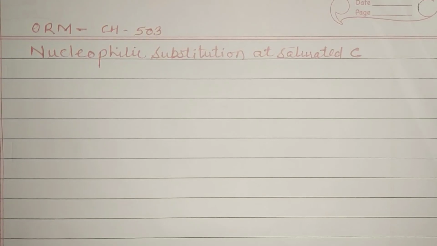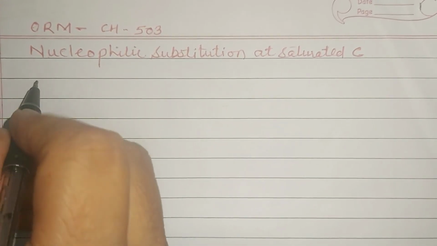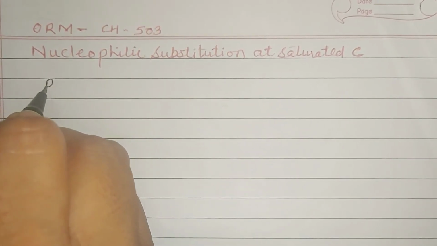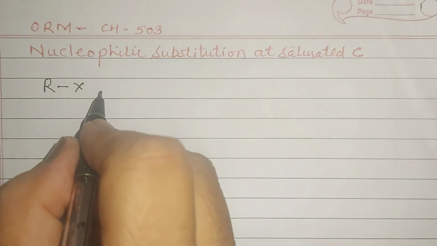Hello everyone. In our last lecture, we started the general information of nucleophilic substitution at saturated carbon. The general example of nucleophilic substitution at saturated carbon is RX, an alkyl halide.